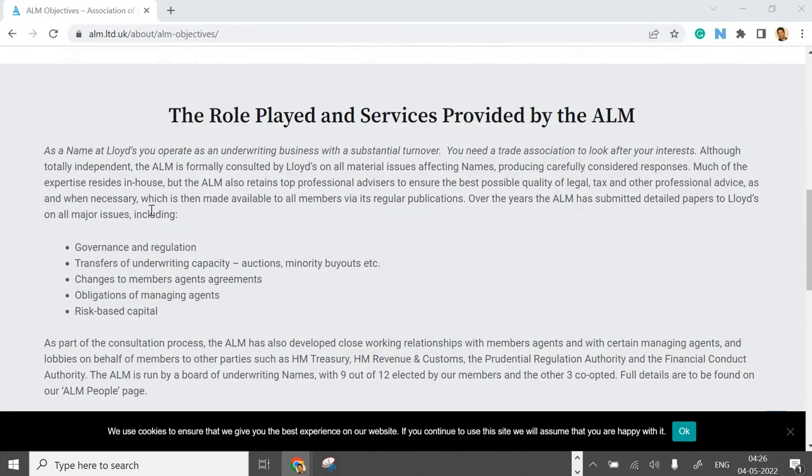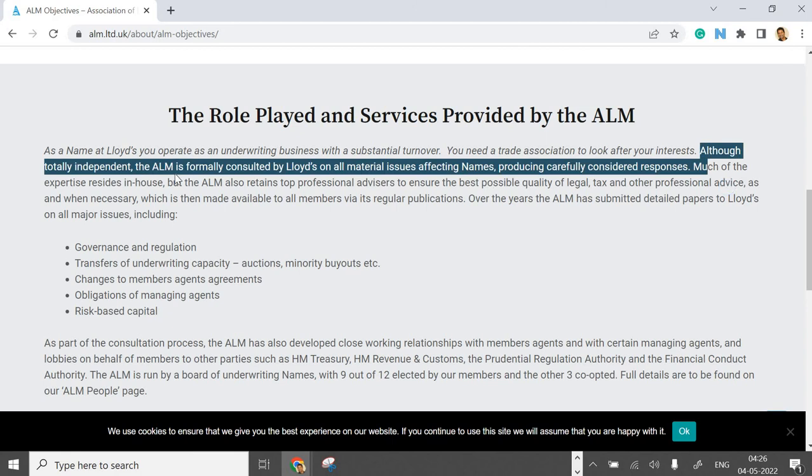Now, if you go further down, as a name at Lloyd's, you operate as an underwriting business with substantial turnover, and this says you need a trade association to look after your interests. Although they are totally independent, the ALM is formally consulted by Lloyd's on all material issues affecting names, producing carefully considered responses. So they respond on behalf of individual names.